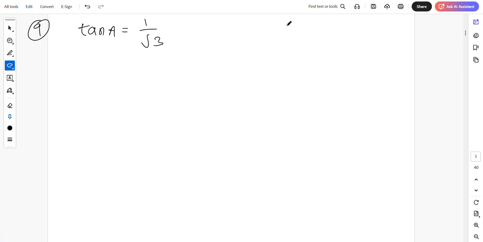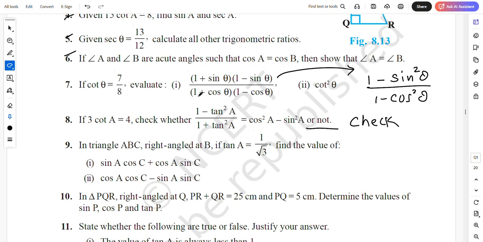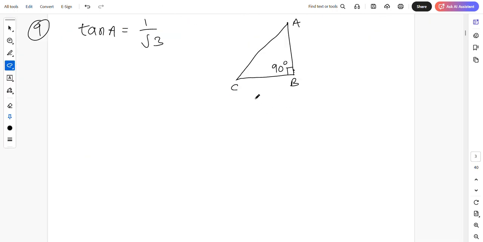Now the triangle they have given: triangle ABC, right angle at B, 90 degrees.